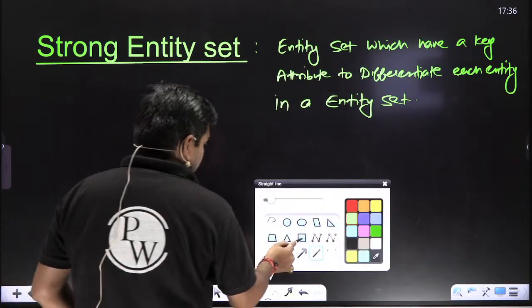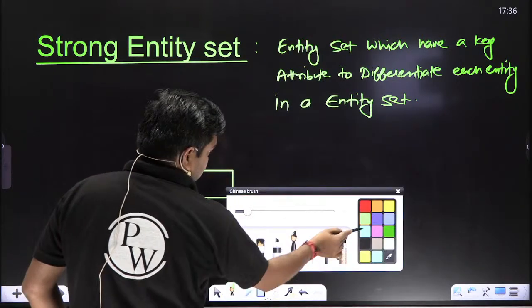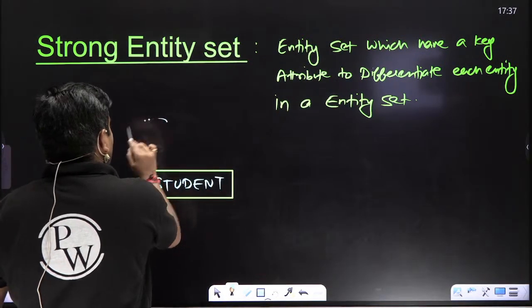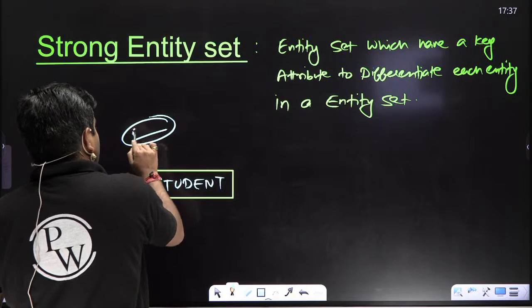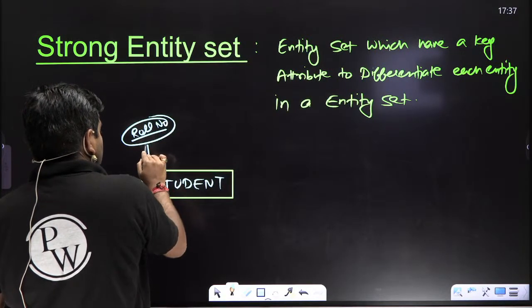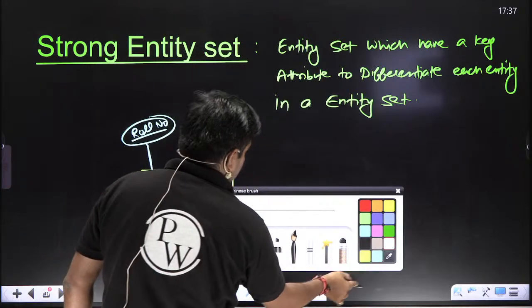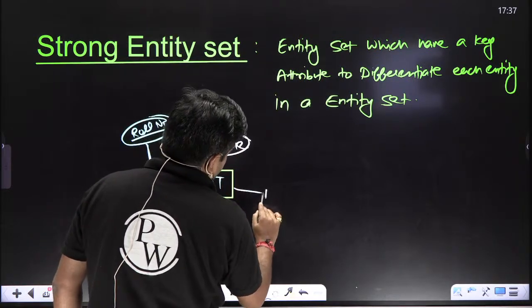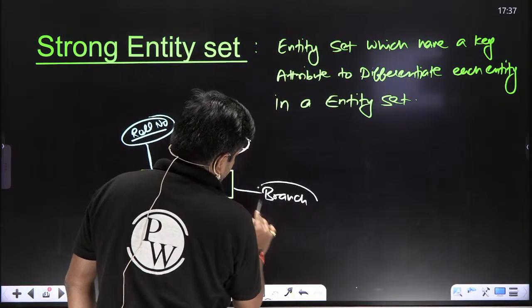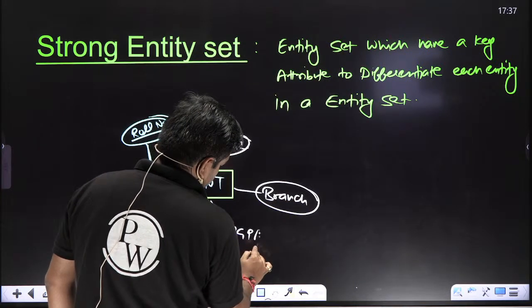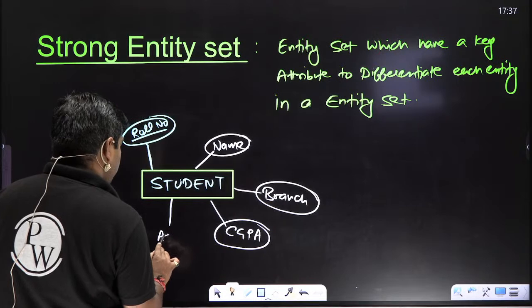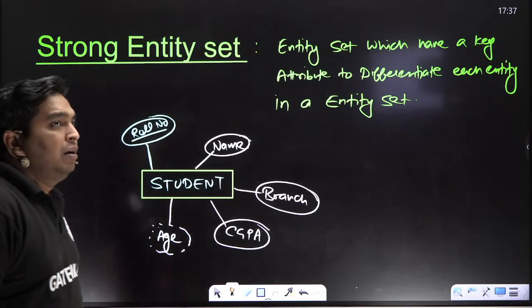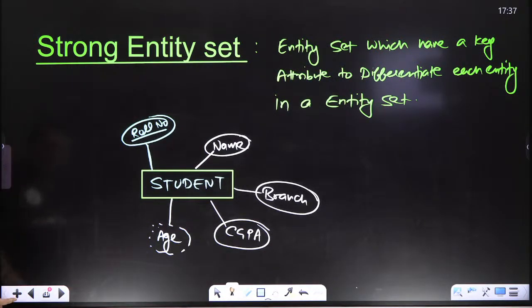That is called a strong entity set. For example, student. In the student entity set, roll number is the key attribute, which differentiates each and every student of the class. This is the meaning of strong entity set.